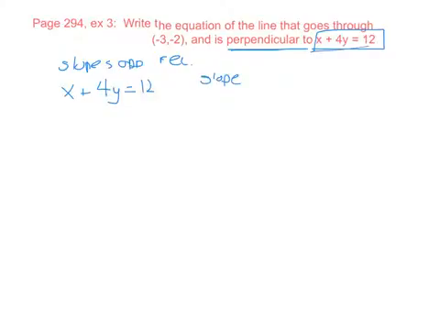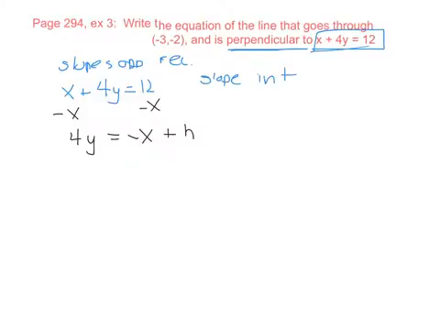So that's always going to be your first job. If the equation given is not in slope-intercept form, we're going to change it to slope-intercept, which means we have to get y alone in this equation. I'm going to do so by first subtracting x from both sides. I get 4y equals negative x plus 12.